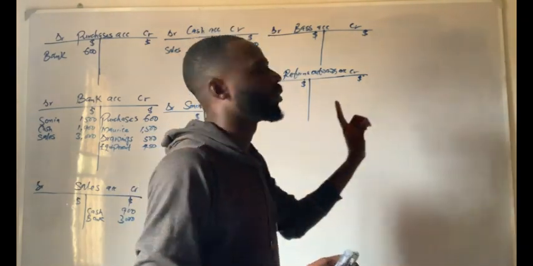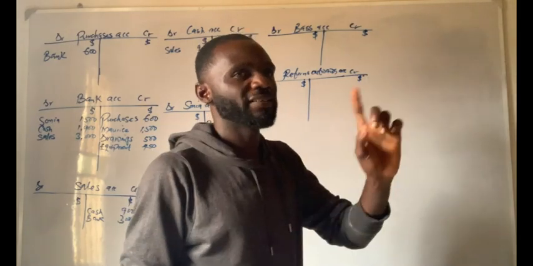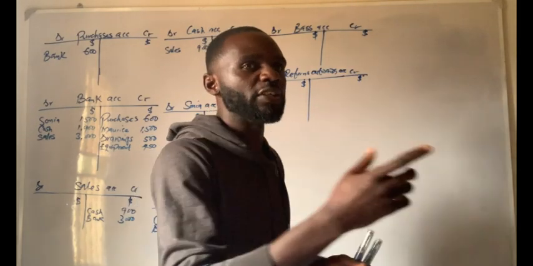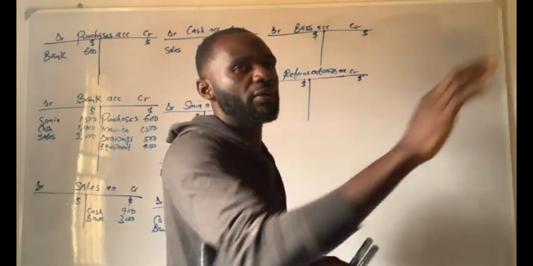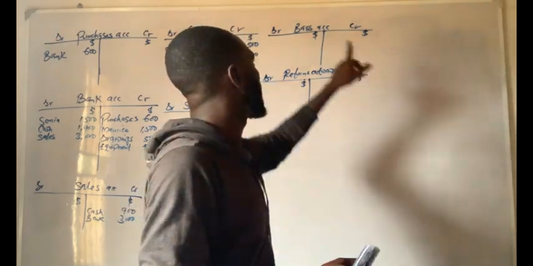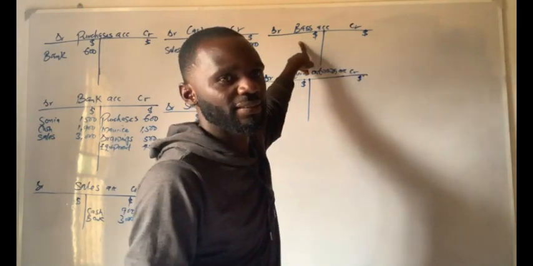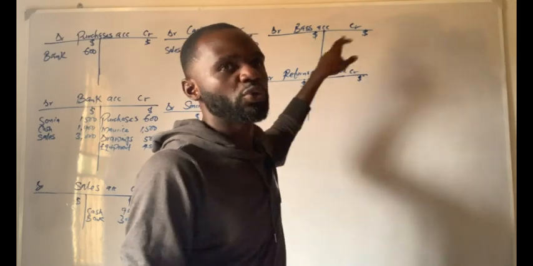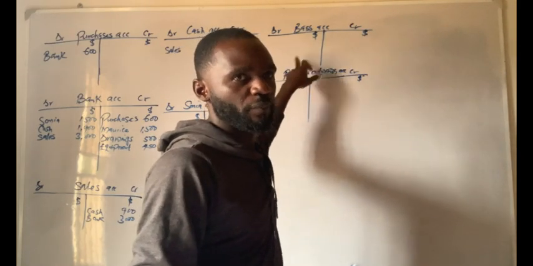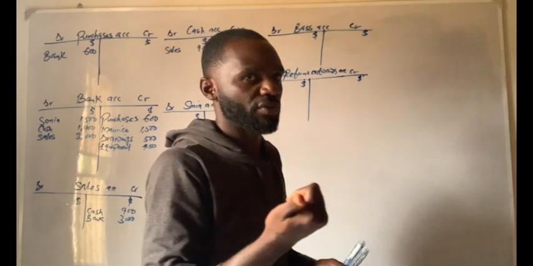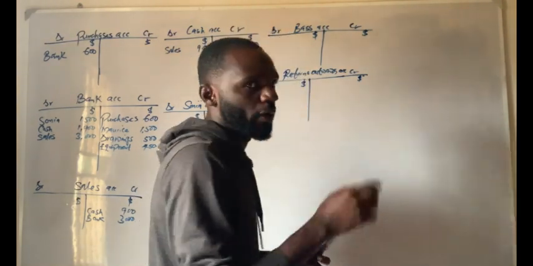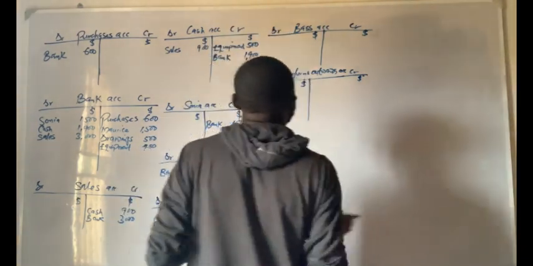Now they said we are returning to BAS, so BAS is receiving, so definitely it will have to come from a return outward, because the return outward is a giving account while the return inward is a receiving one. But since we have a receiver here, which is BAS, we will not prepare a return inward. We will now prepare a return outward to show the corresponding credit entry for the debit entry. That's why.